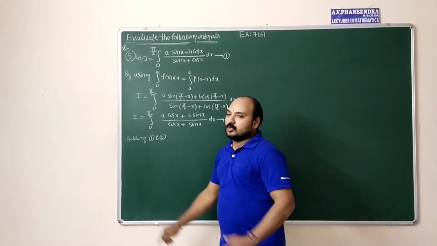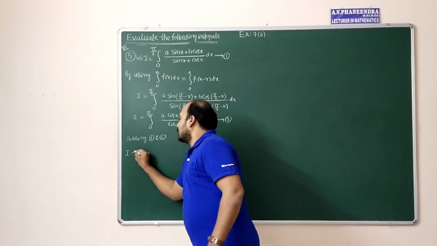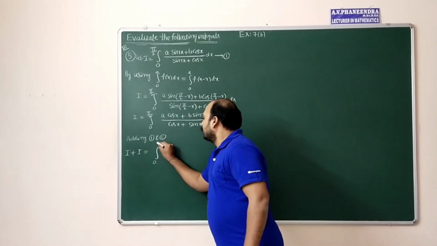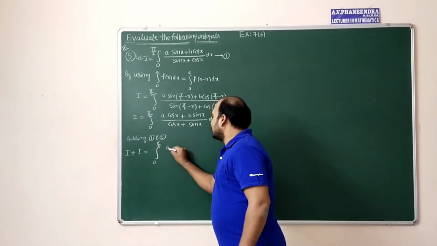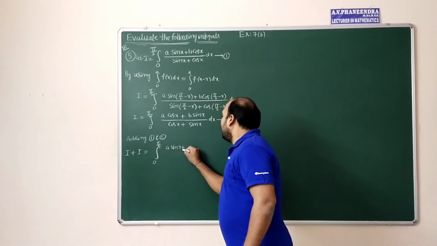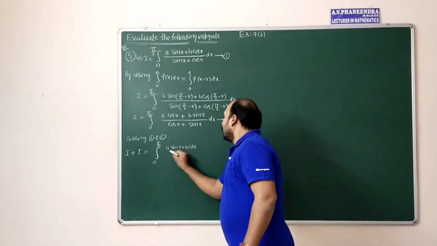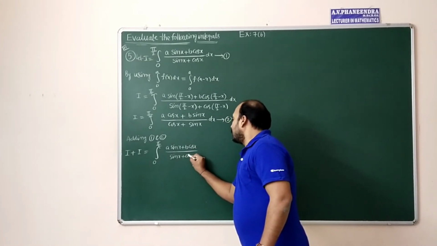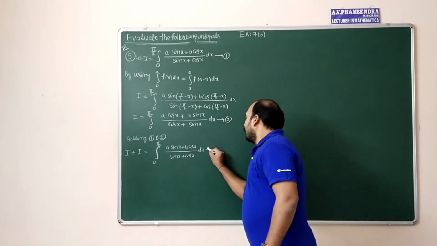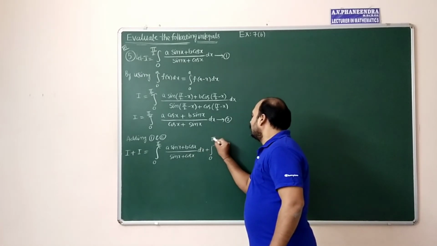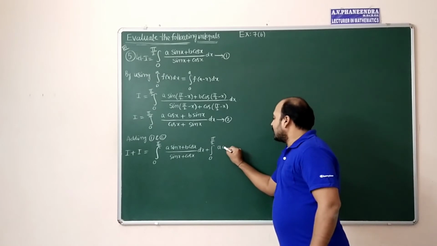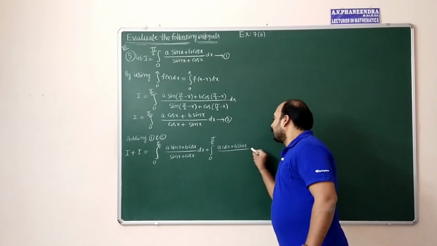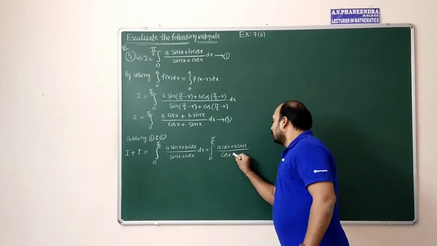I plus I, both left hand side we are adding I plus I. So integral 0 to pi by 2 a sin x plus b cos x divided by sin x plus cos x into dx plus integral 0 to pi by 2 a cos x plus b sin x divided by cos x plus sin x into dx.